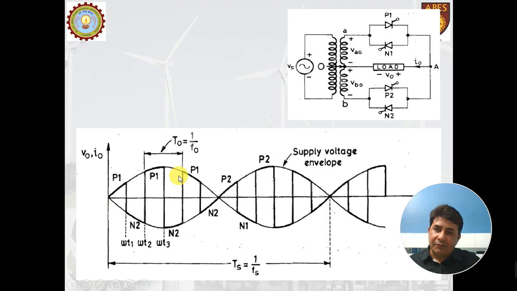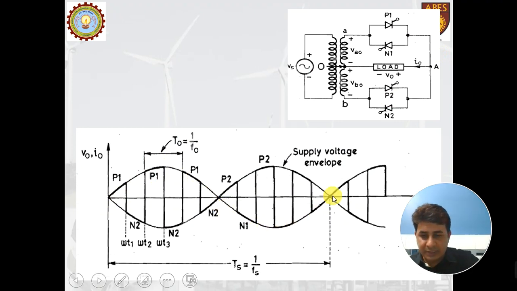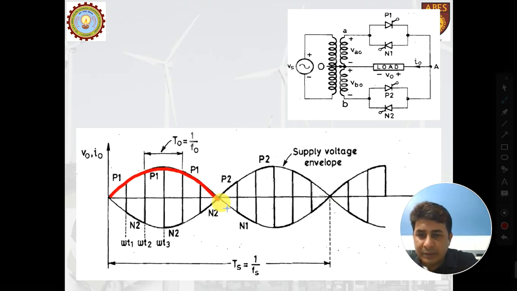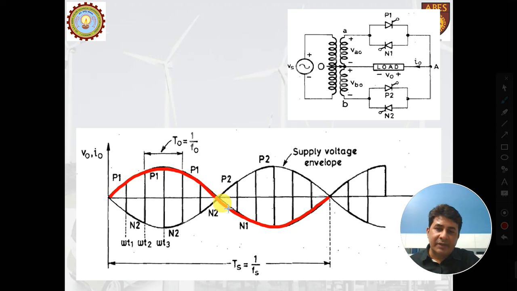This bigger envelope, this one, the complete, let me draw it. This one, this is the input supply. This is the supply which is given at the input side. Now if this supply is given at the input side, its counterpart will be like this for P1.